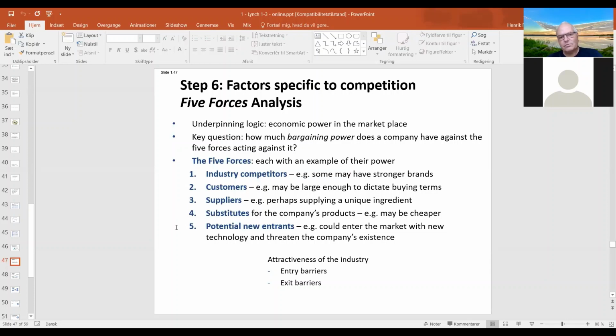So number 5, potential new entrants. Are there any companies in our environment that might simply enter our industry? Maybe they will not have any experience, but they may simply have enough money, and they might be looking into new potential expanding industries.